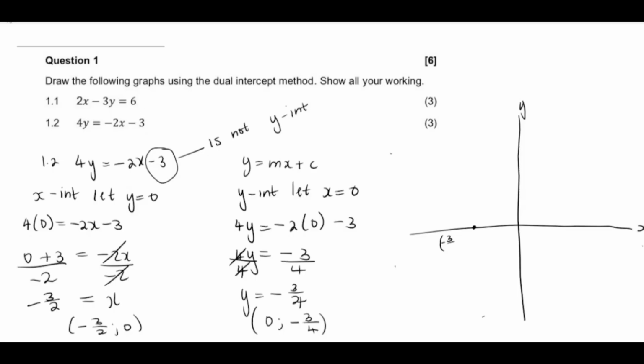And we name our point. Let's go to the second one. The second one is 0, negative 3 over 4, which would sit somewhere here. Now let's join our points and create a straight line.